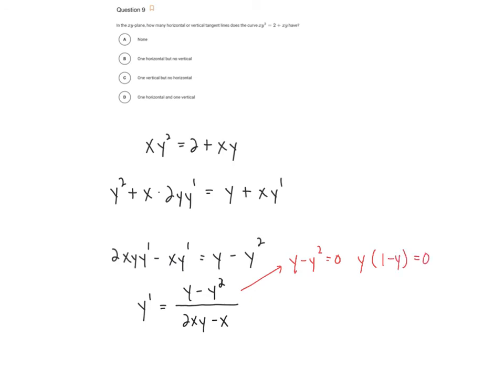Okay, so when y is either 0 or 1, then we'll have a horizontal tangent. It looks like there's 2 right now, but maybe there's some reason why there's not. So let's set the bottom equal to 0 and see what happens.